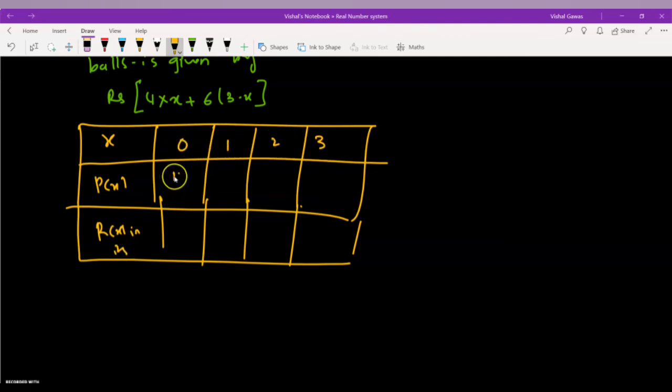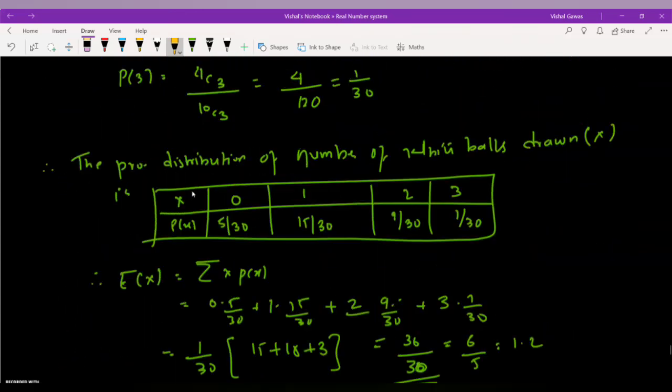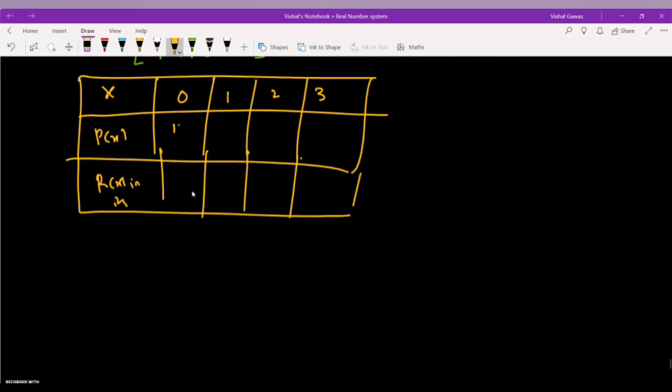P of x was 5 over 30, then 15 over 30, then 9 over 30, and this is 1 over 30, right?